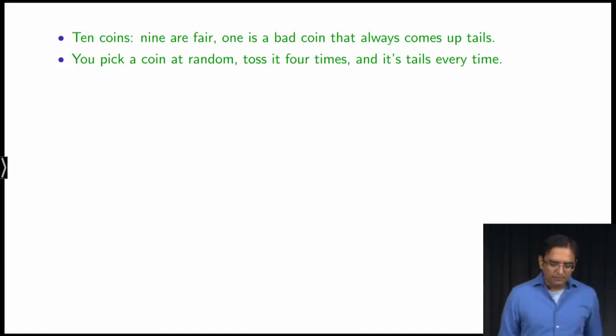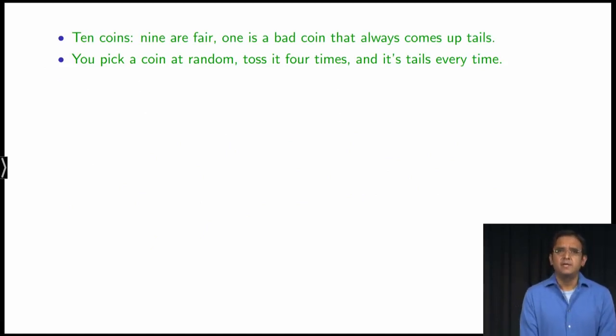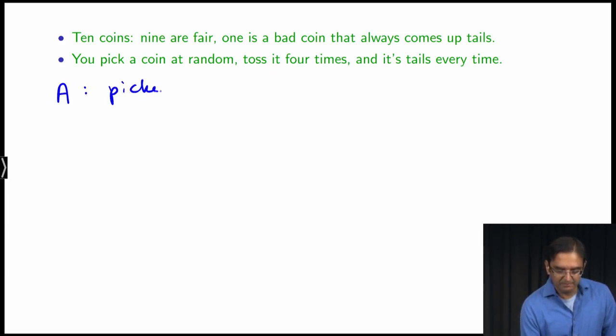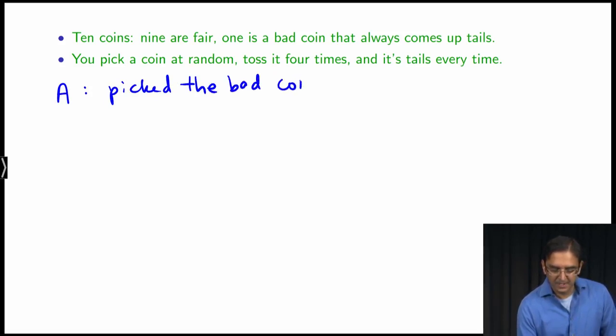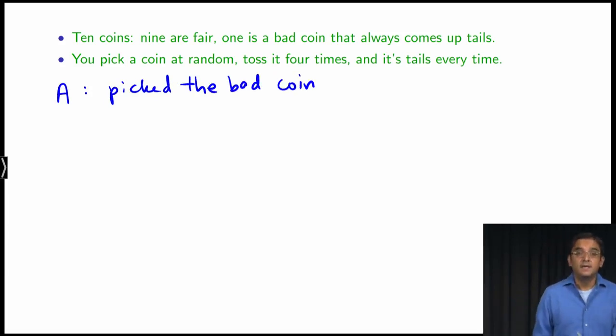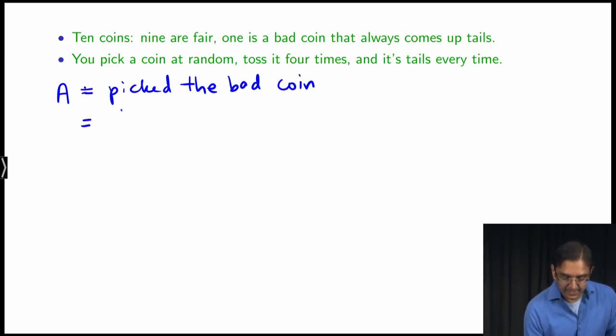So now the event we care about is whether or not we got the bad coin. So let's call that A. So A is the event that we picked the bad coin. And formally, what the event is, is the set of all outcomes in which the coin we picked was the bad one, coin number 10.